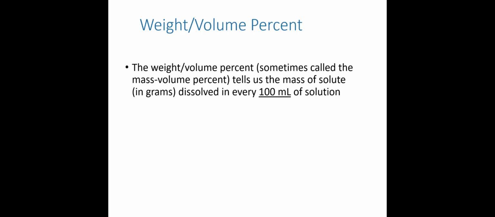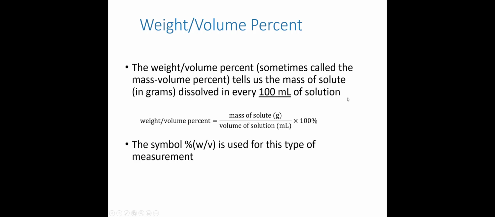The weight volume percent uses a slightly different kind of a calculation. What it's telling us is the mass of the solute in grams for every 100 milliliters of the solution. And we use this symbol here, W over V. Sometimes you'll also see this with M over V, using mass over volume, and it essentially means the same thing.